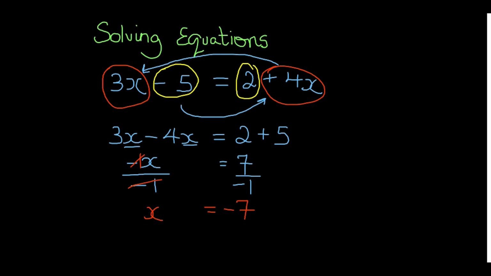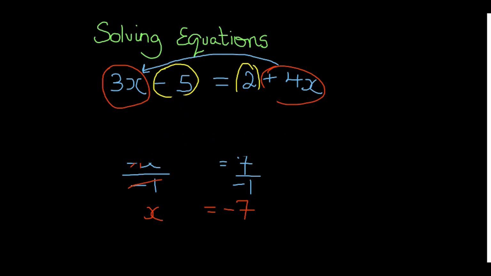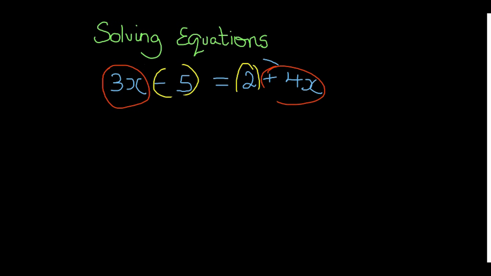Now let me show you another way. Alright? So I'll just erase all this. The like terms are basically going to remain the same, because we do have two x terms still, and we have two constants still. Alright? So what I'm going to do instead is this.